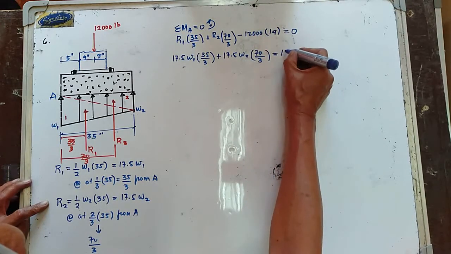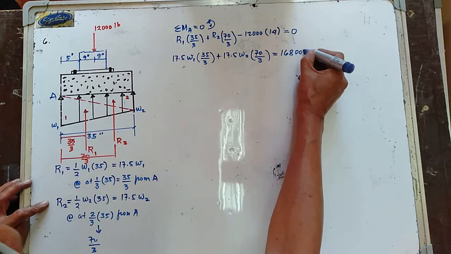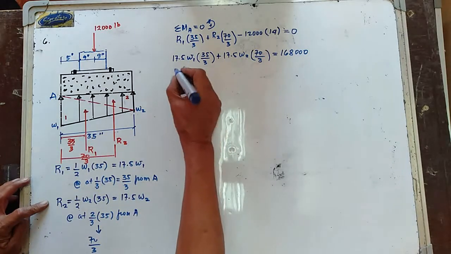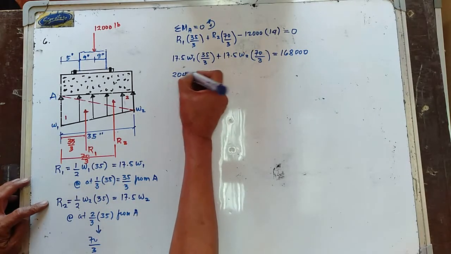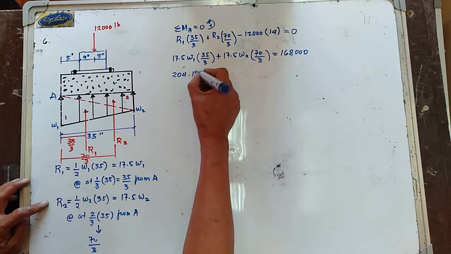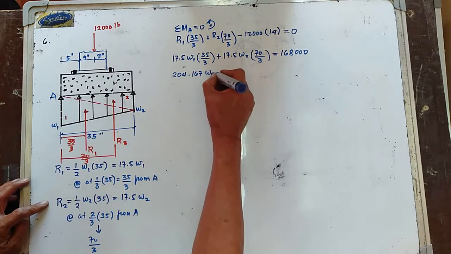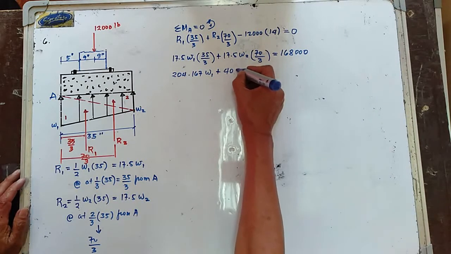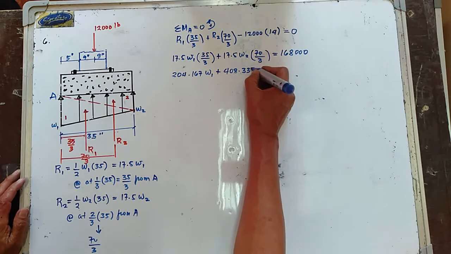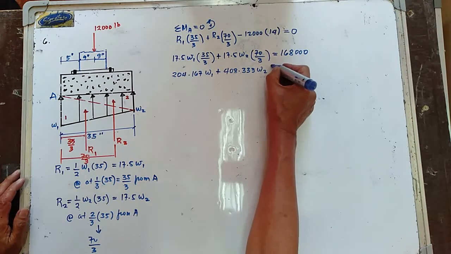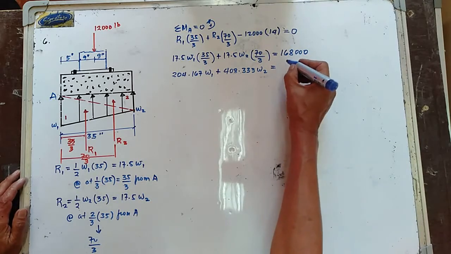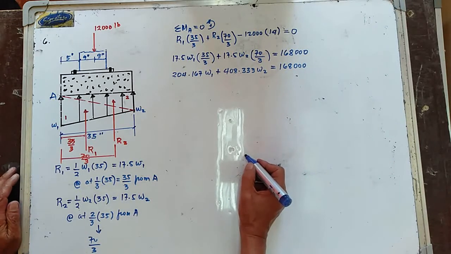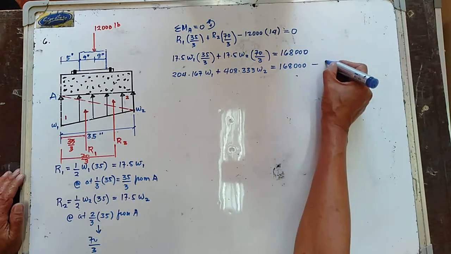So that is 168,000. So this is 204.167 W1 plus 408.333 W2 is equal to 168,000. So this is now the first equation.